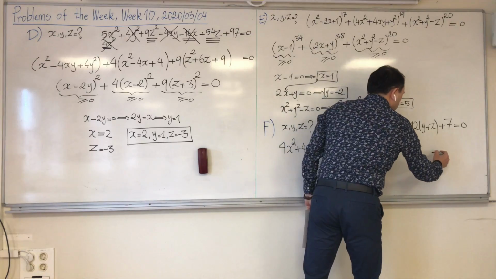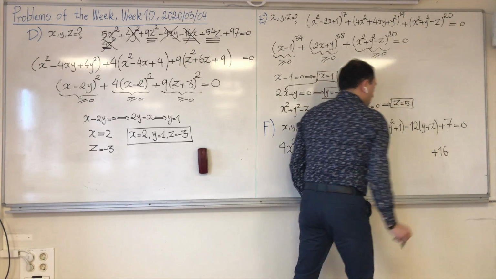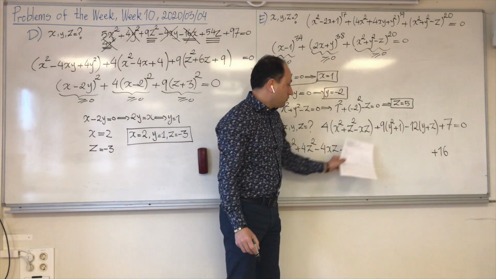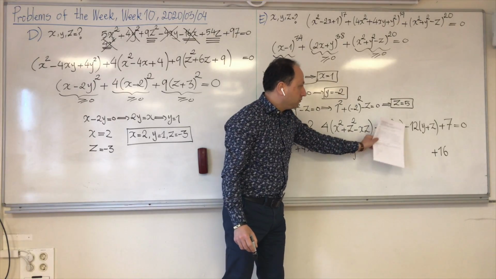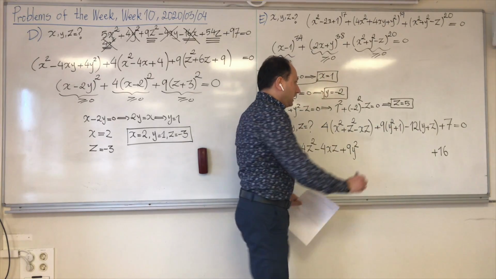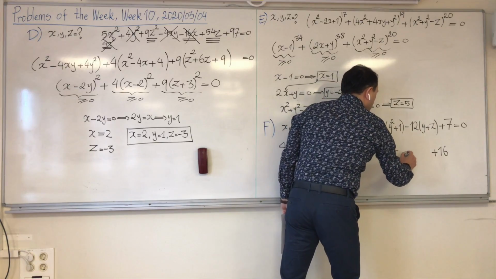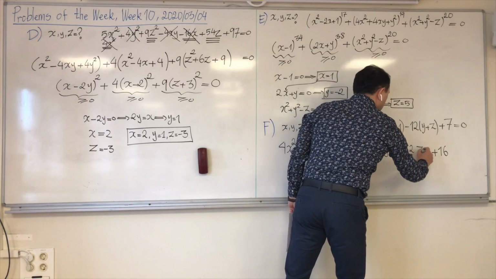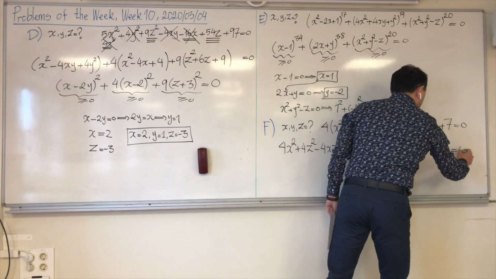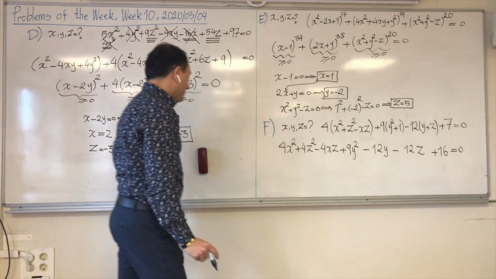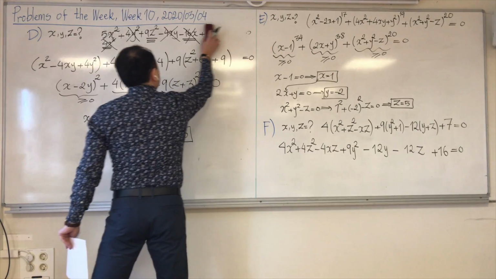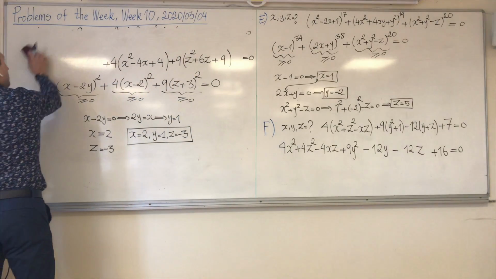So if you don't mind, let me write 9 plus 7, 16, yes? So 9 times y squared, 9 times 1, and plus that 7 is 16. And then I will have minus 12y minus 12z, and this is equal to 0. Okay, clean this.